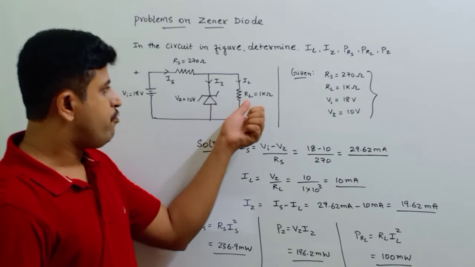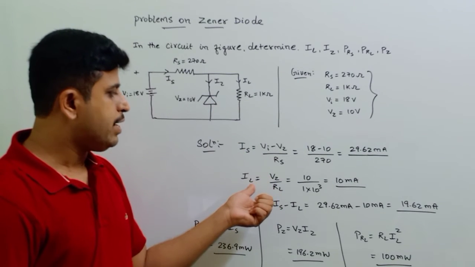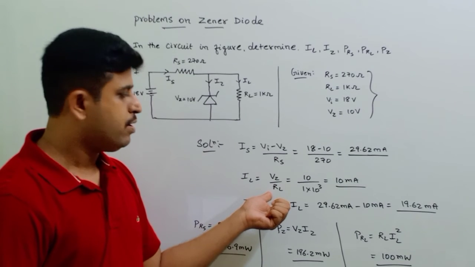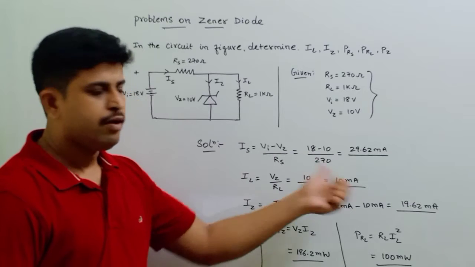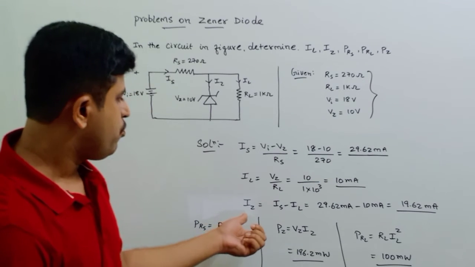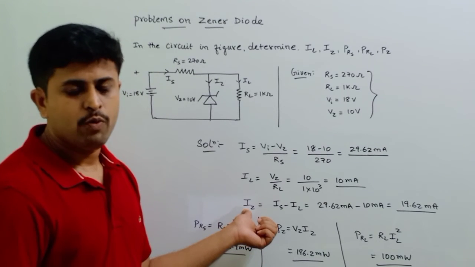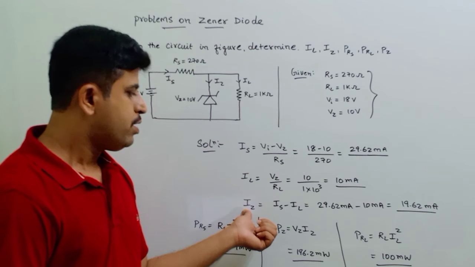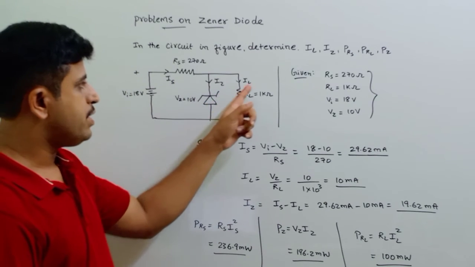So VL is nothing but Vz, and IL is nothing but Vz by RL. Therefore, by substituting the values of this Vz and RL, we get IL as 10 milliamperes. And we know for a voltage regulator circuit with load, Is is nothing but the sum of Iz and IL.